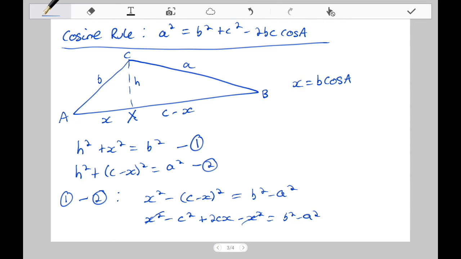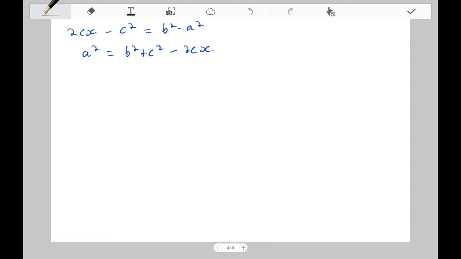So with that in mind, we can substitute that in for x over here, and we end up with a squared equaling b squared plus c squared minus 2bc cos A. And that is the cosine rule.